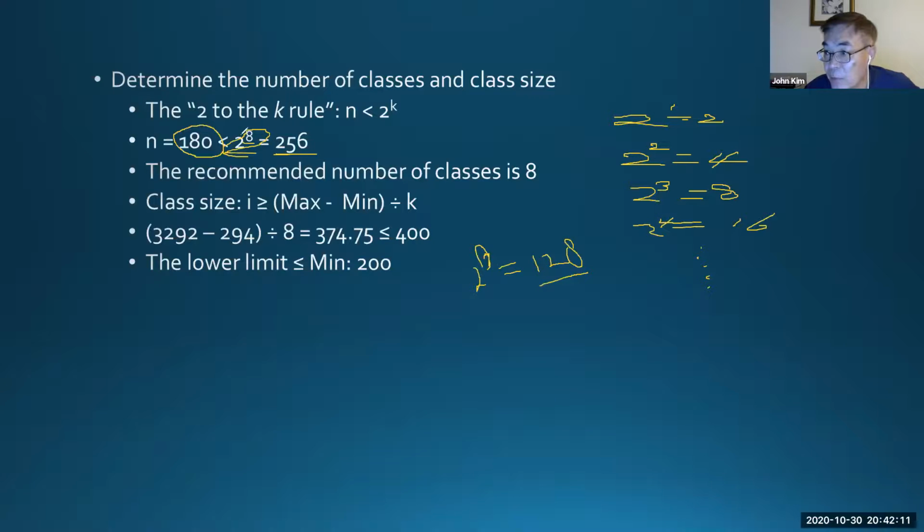When k is 8, 256, then it satisfies this condition. So k is 8. That means with the given data, cut 8 categories. And then class size interval, like from 90 to 100, 80 to 90, that interval.